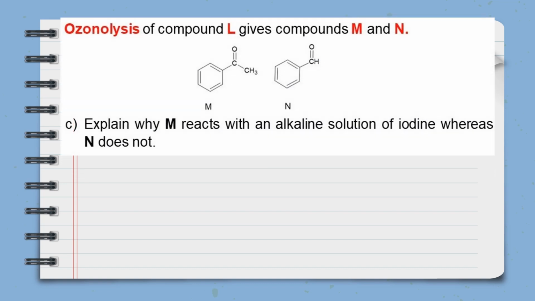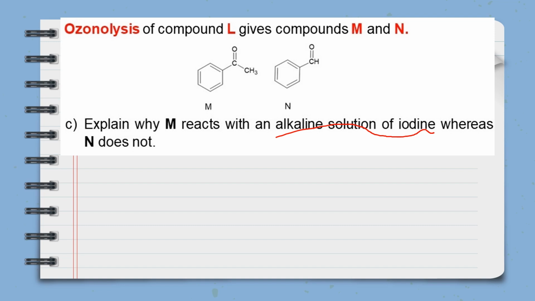Okay, the last question, C. Explain why M reacts with an alkaline solution of iodine whereas N does not. An alkaline solution of iodine means the iodoform test. The iodoform test only gives a positive result when the structure has a methyl ketone.